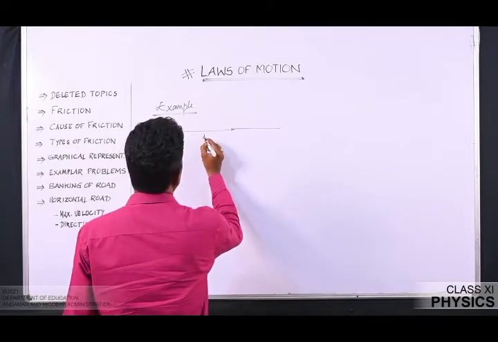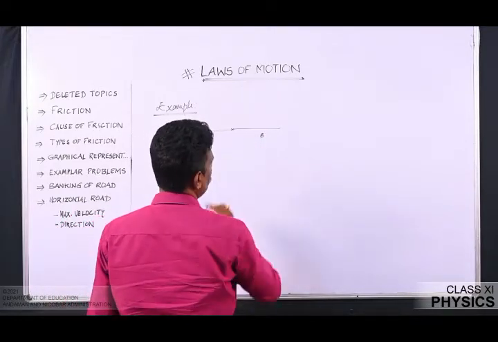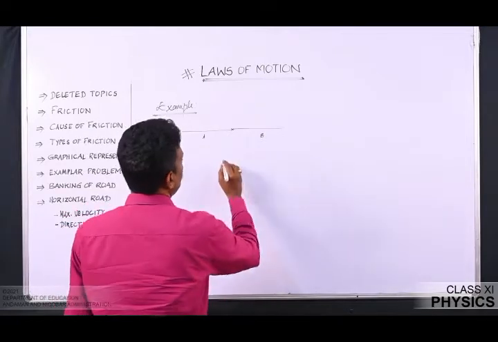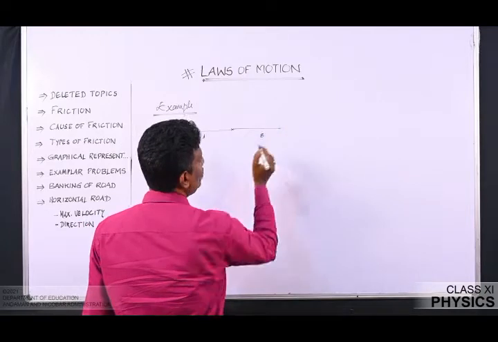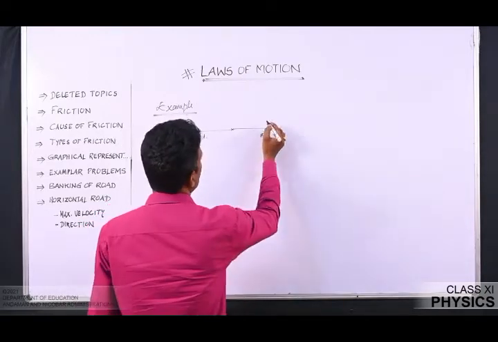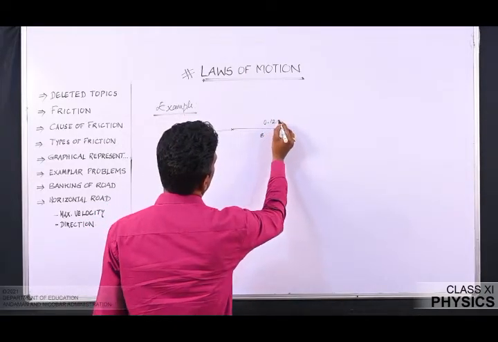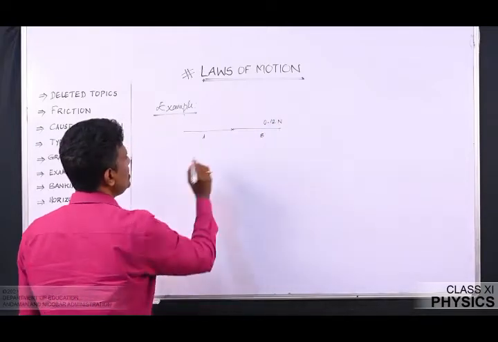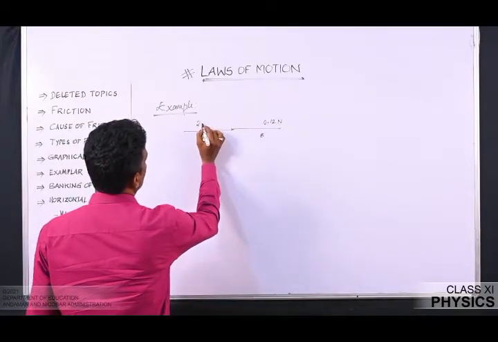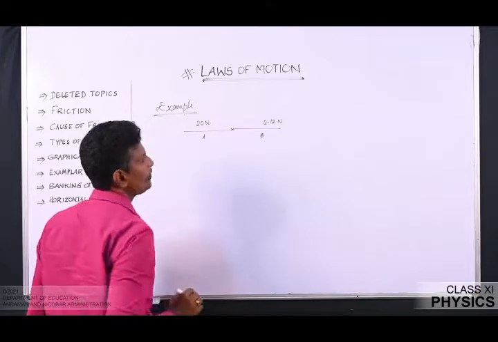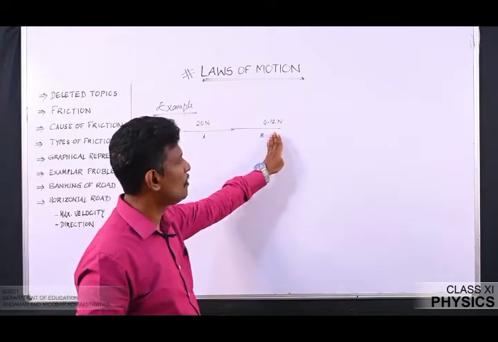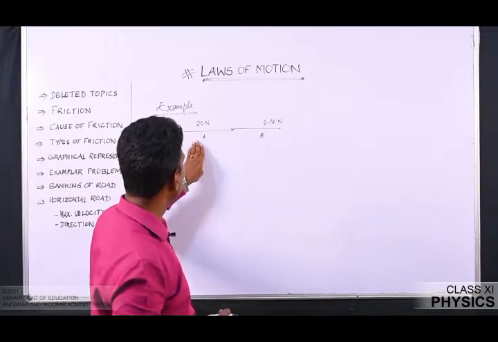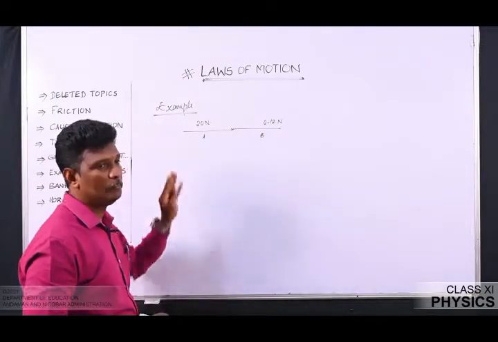Say boy A and boy B. His limiting friction, that is the limit of applying force, is say 0 to 12 Newton. He has the capacity to apply a maximum of 12 Newton only. The other has the capacity of applying 20 Newton.